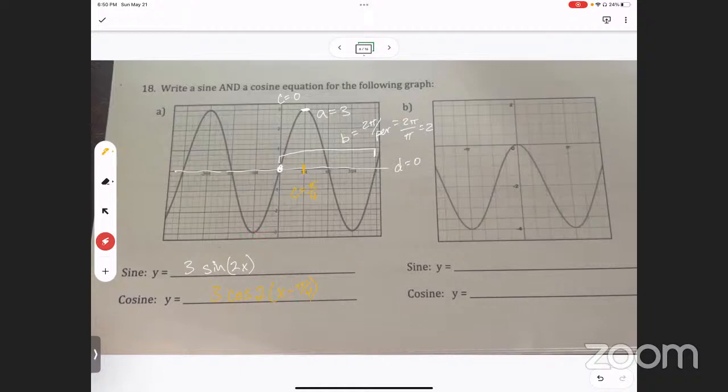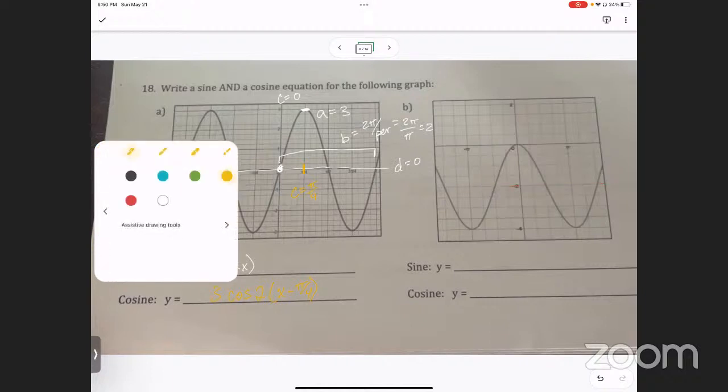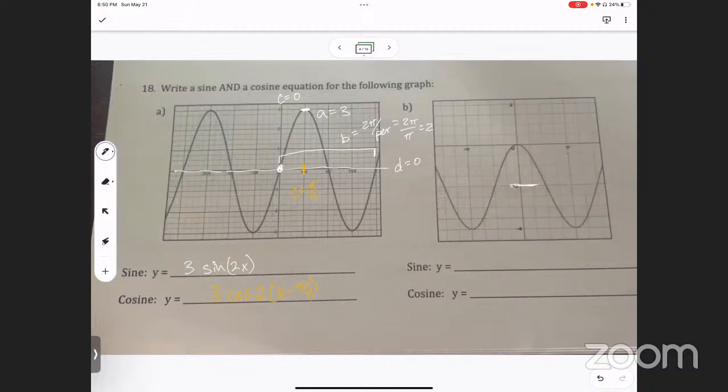Okay. Got it? Yep. I'll just do the sine real quick for you. Here's your midline. That tells you that D equals negative, what is that, 2? Yeah, D is negative 2. It's a cosine graph, and it's starting at the top, so there's no shift. So C would equal 0. And the period, you can really look anywhere for the period. Here's where we can see the period is 2 pi.